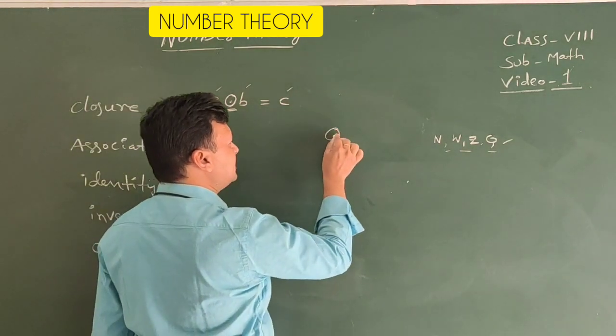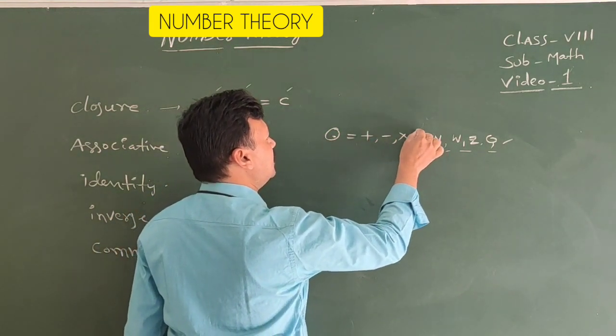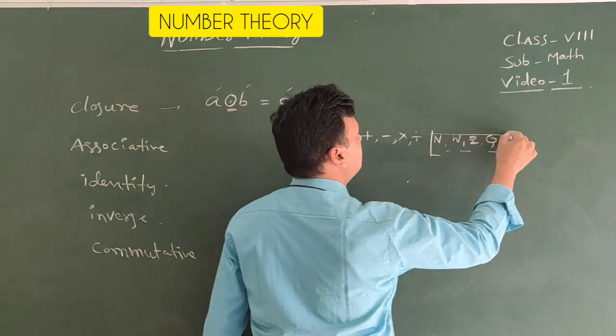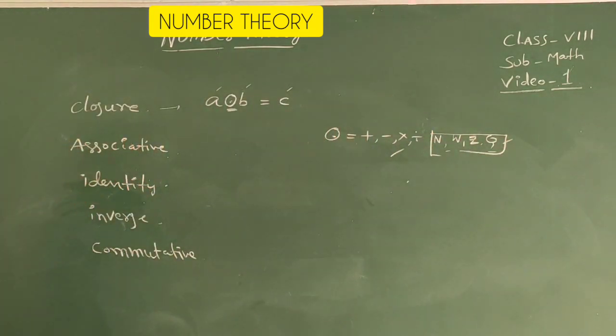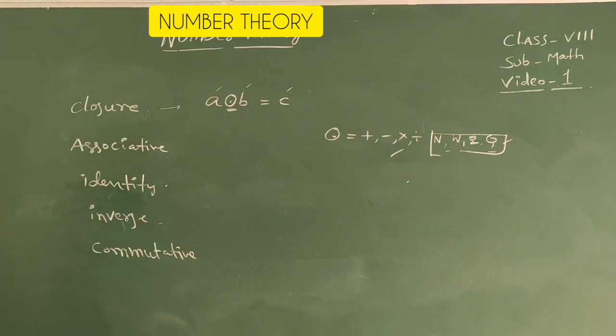Here dot represents plus, minus, into, divided. If A and B are natural numbers, and C is also a natural number under a particular operation, then closure is satisfied under that particular operation.